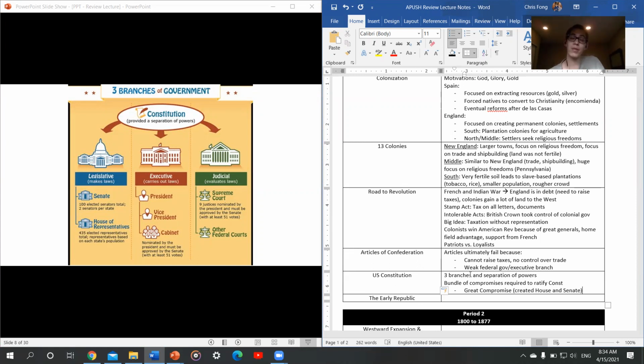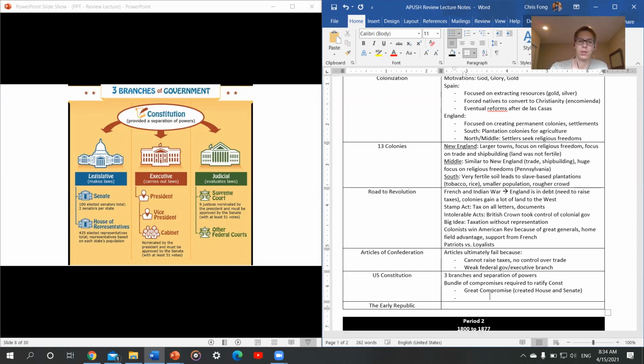The Senate was equal representation, 2 senators per state. The House was proportional representation based on population. You also have the 3/5 Compromise, which said that slaves would be counted as 3/5 of a person for census, for population reasons. The South actually wanted them to be counted as a full person because they'd get more representatives.